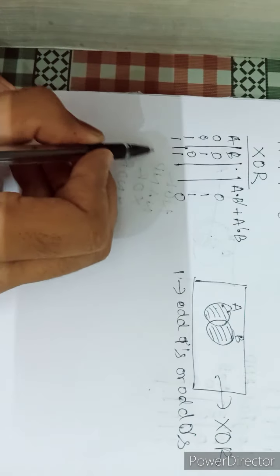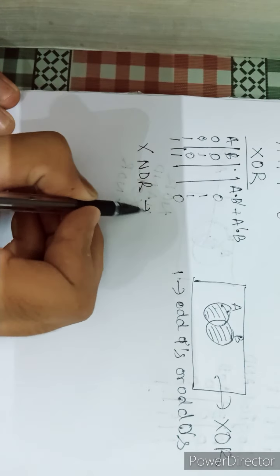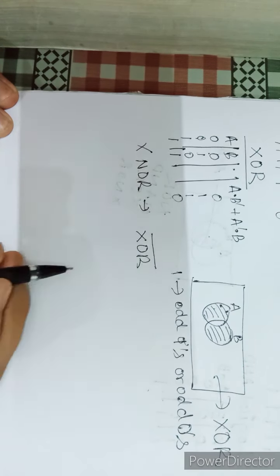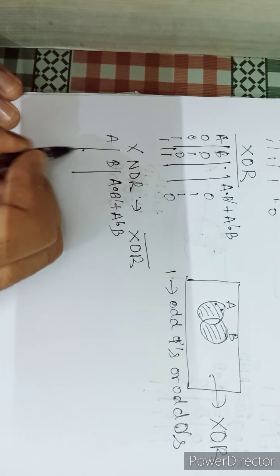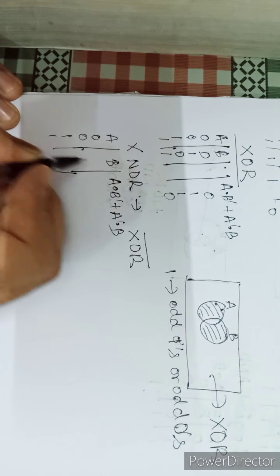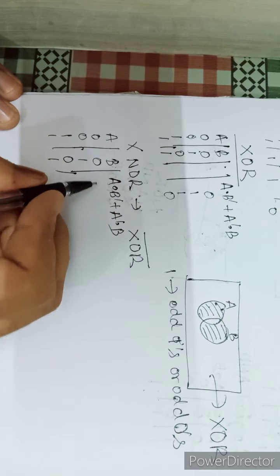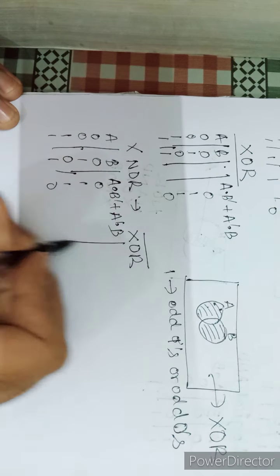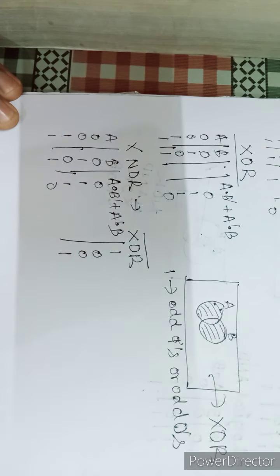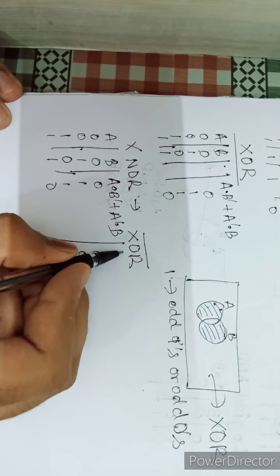Now coming to XNOR. So XNOR is the negation of XOR. So negation of XOR means A, B, A dot B bar plus A bar dot B. So 0 0 1 1, 0 1 0 1, for XOR this is 0 1 1 0, so here it will be 1 0 0 1. This will be XNOR.